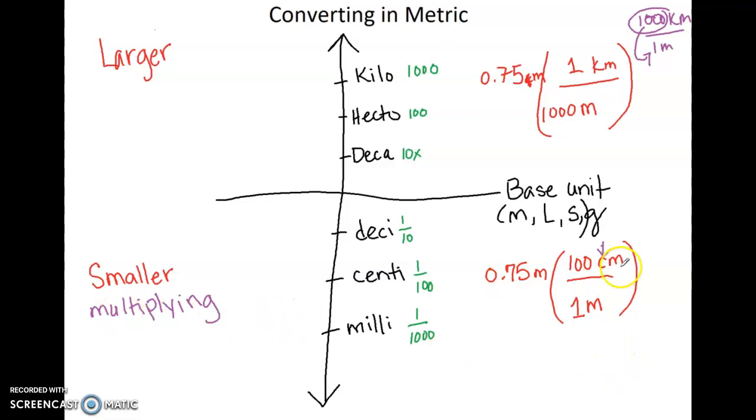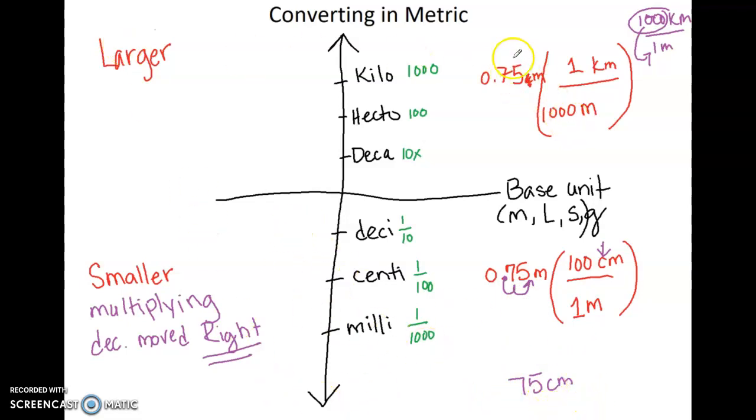So we would be multiplying, and when you multiply by a power of 10, that's the same as moving the decimal to the right. So decimal moved right. Here's my decimal, and I would move it to the right as many places as there are zeros in the power of 10. So 0.75 meters is the same as 75 centimeters because I move the decimal place to the right.